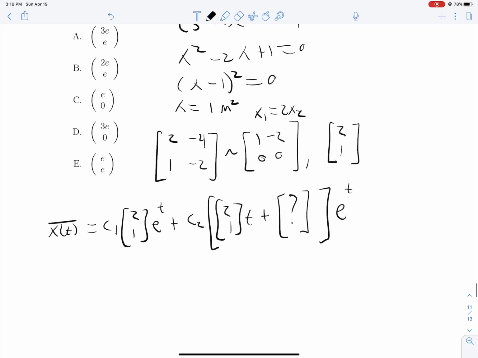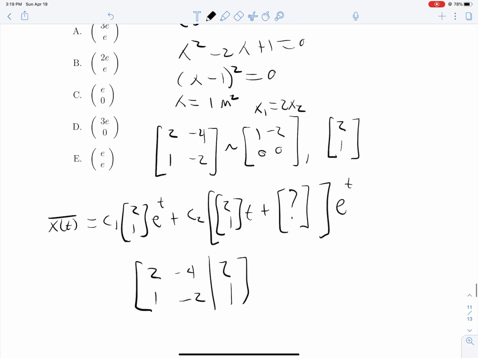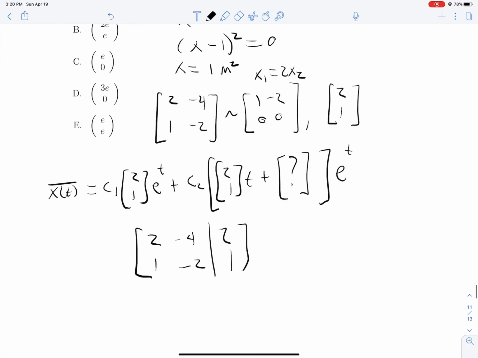Finding this generalized eigenvector involves setting A minus lambda I, so that's 2, 1, negative 4, negative 2, equal to our first eigenvector, 2, 1. And solving it, and I'll show you what we're up to here. It's a little bit weird. We can divide row 1 by 2, to get 1, negative 2, 1, and use it to set row 2 equal to 0.